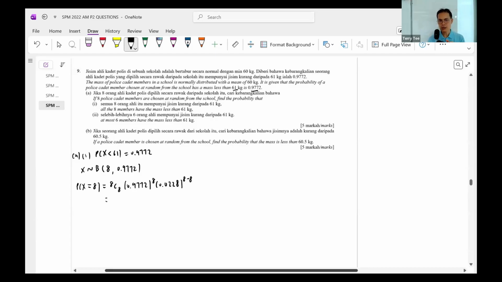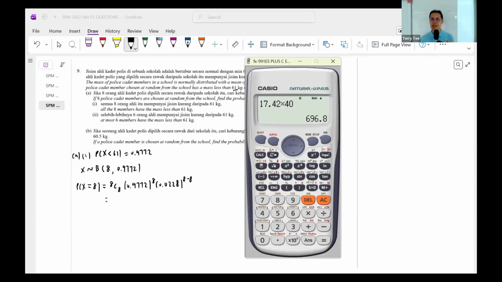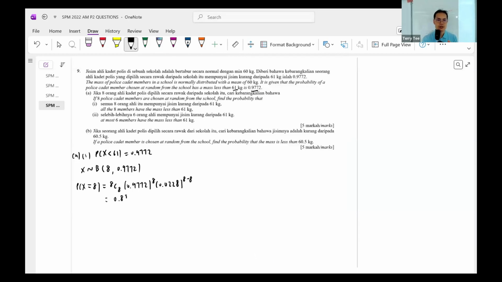Actually, you don't need to use the 570 MS class-based calculator to do this, because 8C8 is 1, anything power 0 is 1. You just have to type 0.9772 on your calculator, power 8, to get this answer, 0.8315. All right.